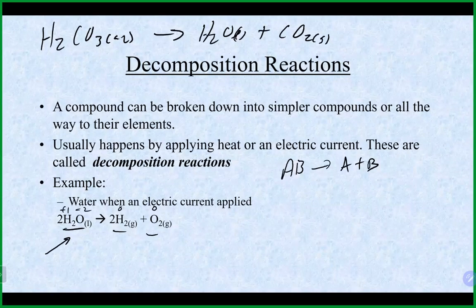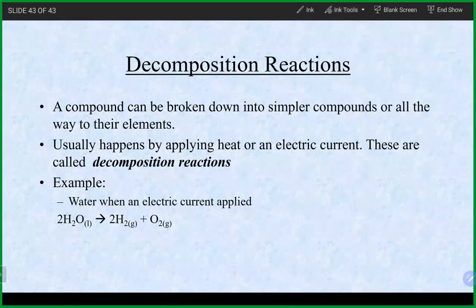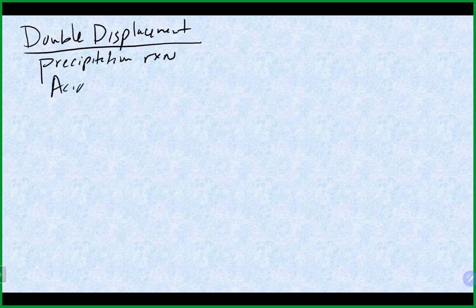So to finish up and summarize the different types of reactions and where they all fall, under the big umbrella of double displacement, you have more specific classifications of a precipitation reaction and acid-base reactions, which account for solids and water being formed.